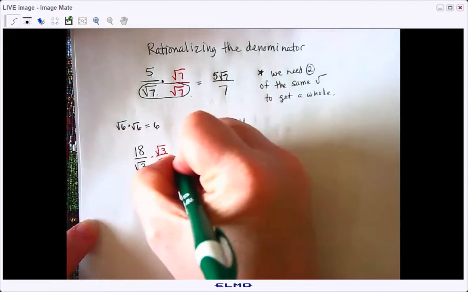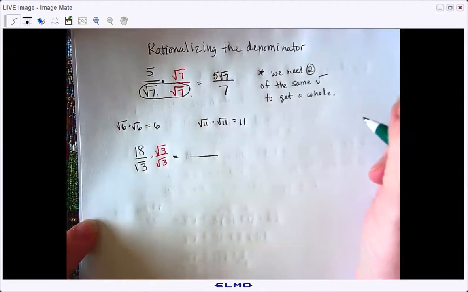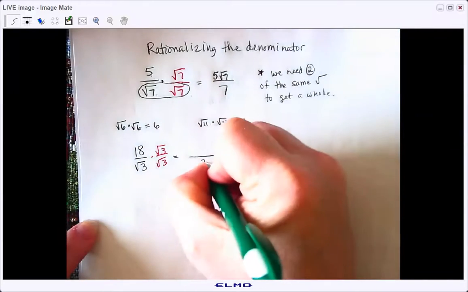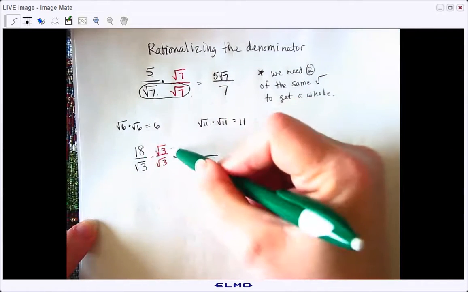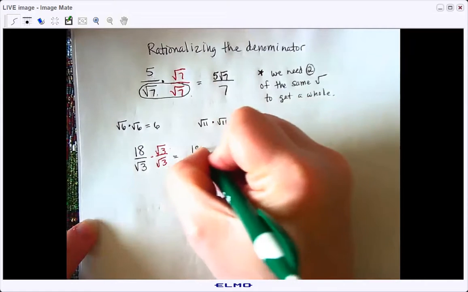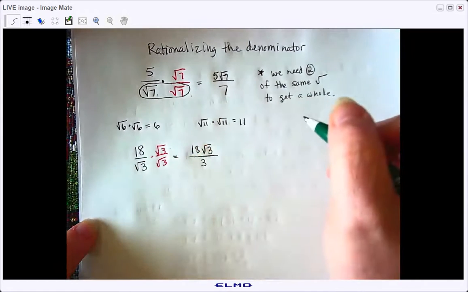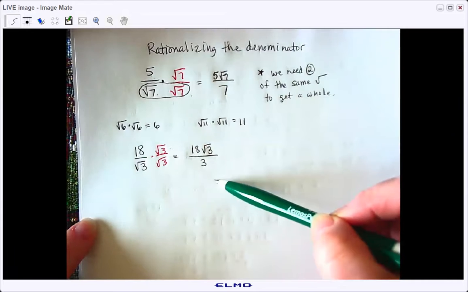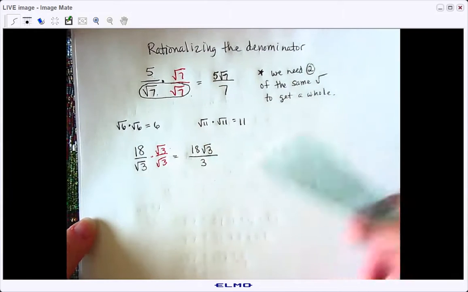So what does that give me on the bottom? 3. And on the top, these don't mix, so I'm just going to write 18√3. But if you notice, now I've got outside numbers, an 18 and a 3. Does 18 divide evenly by 3?